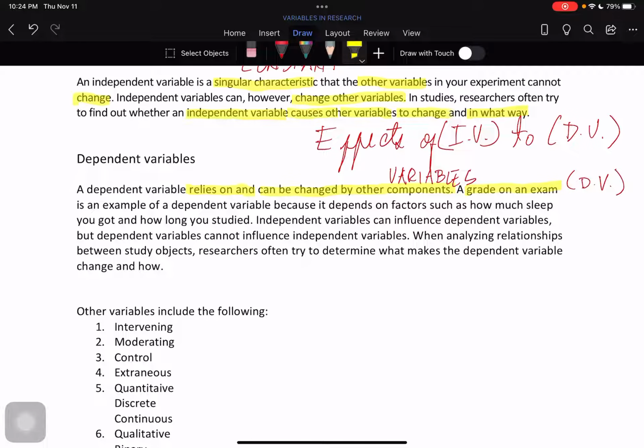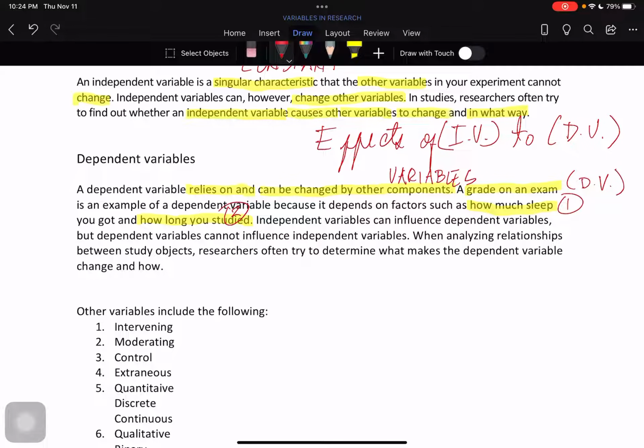In this example, one of these variables may be the duration of sleep, or how much sleep was taken by the student, and another variable is the duration or frequency of how long the student studied for the exam. So these are the variables that may affect the dependent variable, which is the grade of the student.